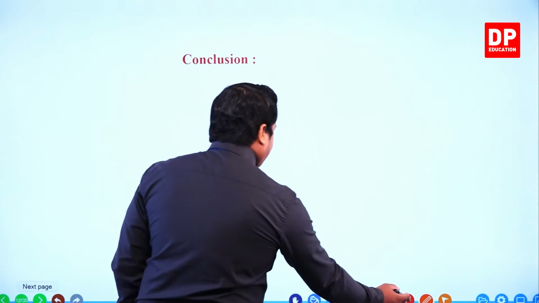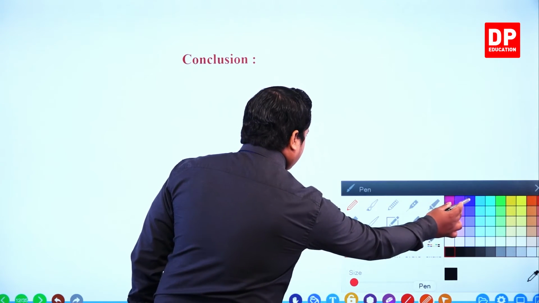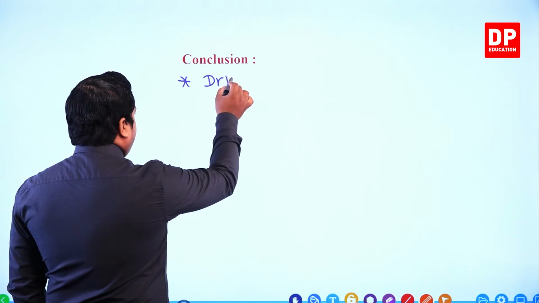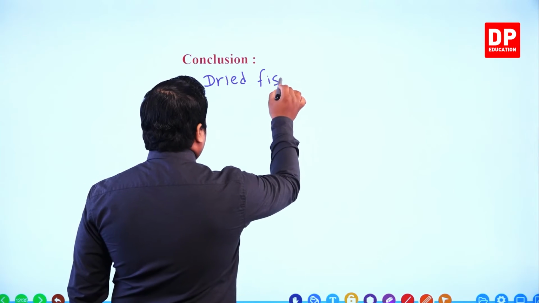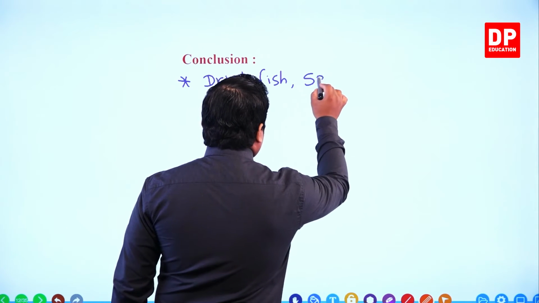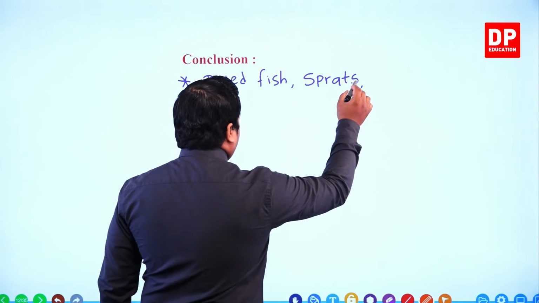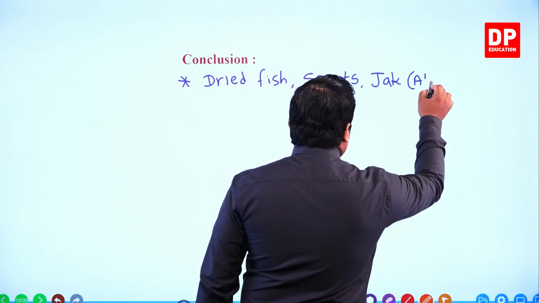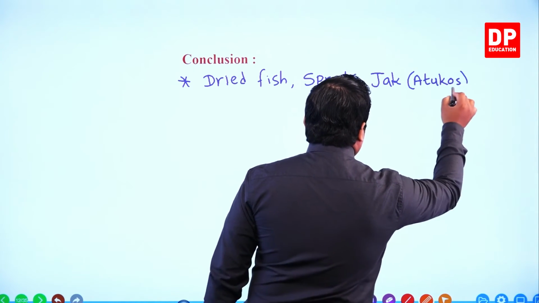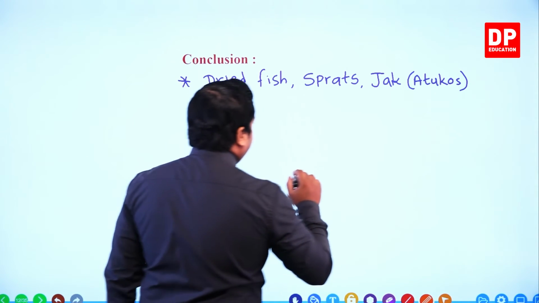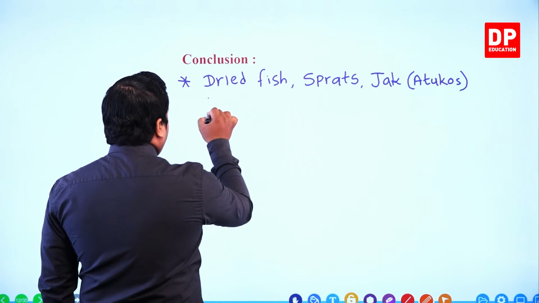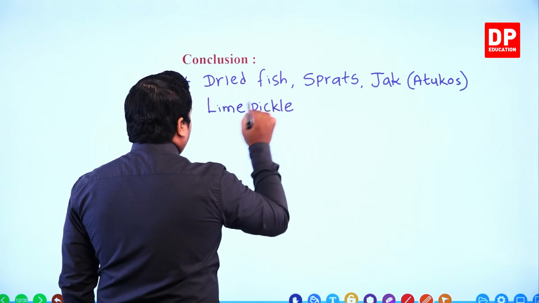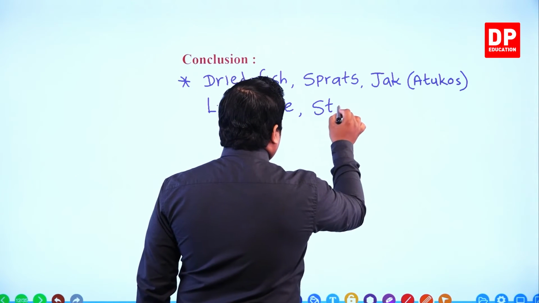Okay, so we'll write down our conclusion, my dear children. Conclusion: dried fish, spreads, jack, then lime pickle, sterilized milk.